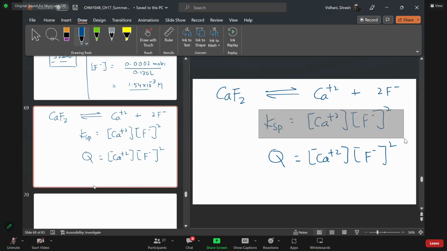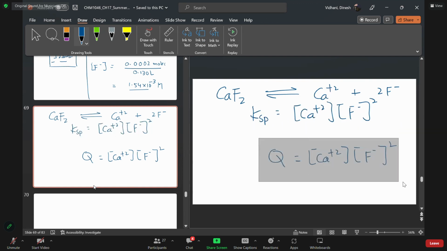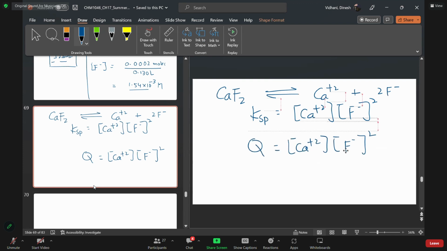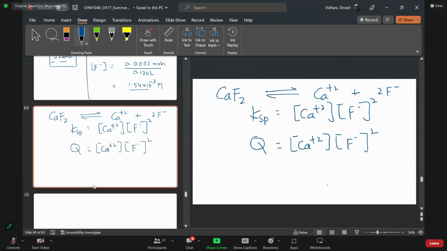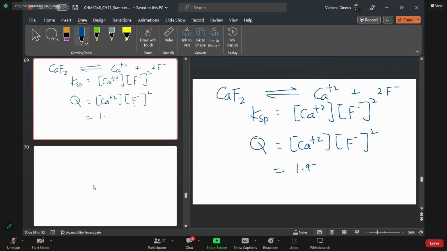So I'm just going to write here the Q equation: put the value for calcium ions and put the value for fluoride ion. But then you're going to square fluoride ions. Can you tell me this Q?